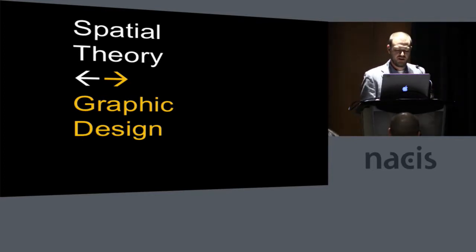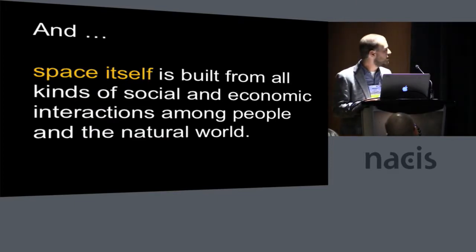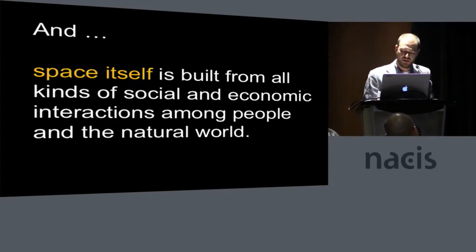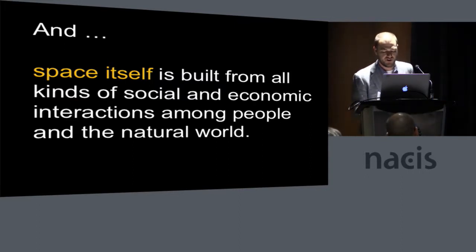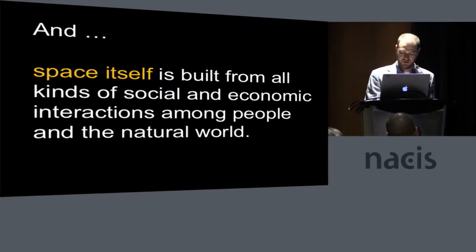On the other side of the paradox, one of the main contributions of spatial theory over the past 30 or so years has been recognizing that space itself is built from all kinds of social and economic activities among people and the world that they live in.